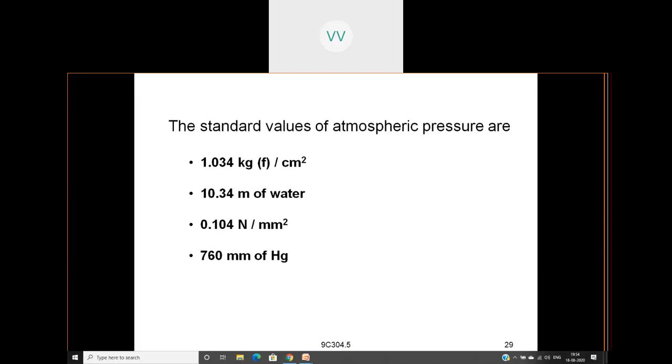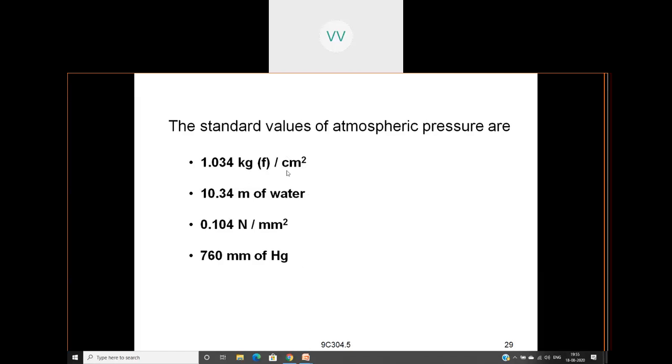The last option is, it is equivalent to a pressure of 76 centimeters or 760 mm of Hg, that is mercury. So these all are equivalent values which represent the atmospheric pressure.